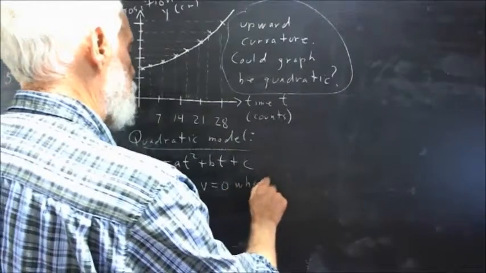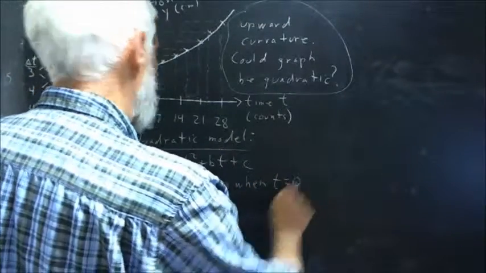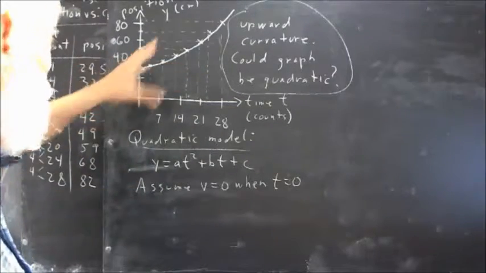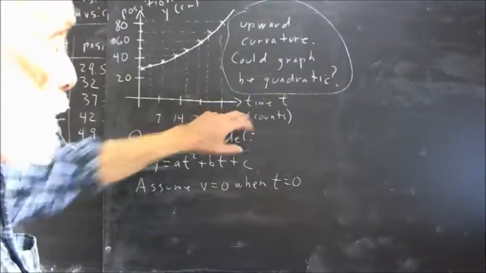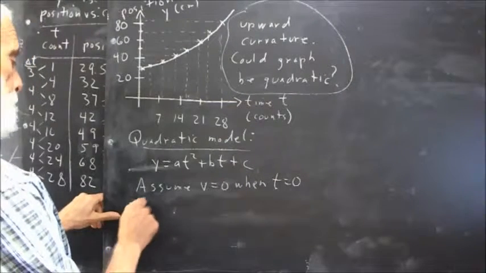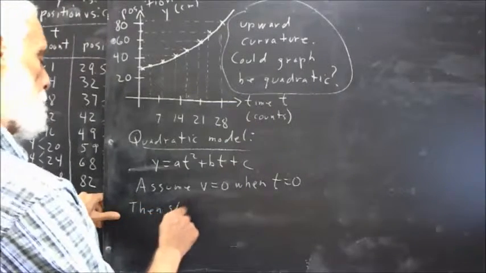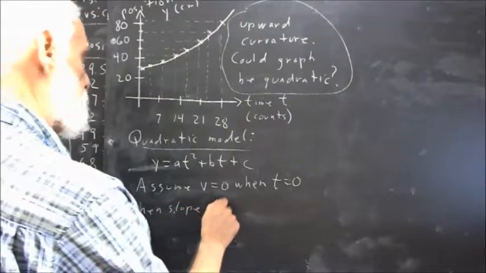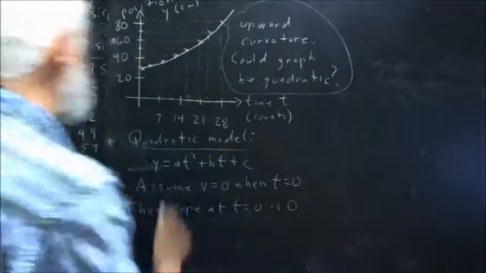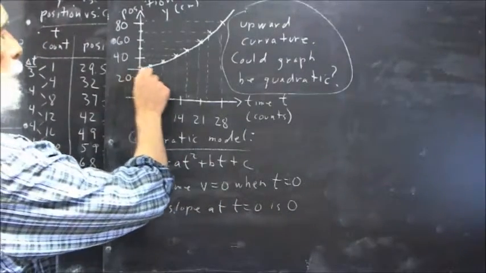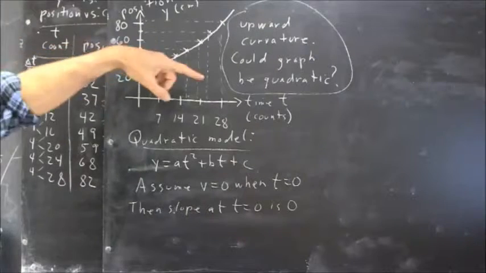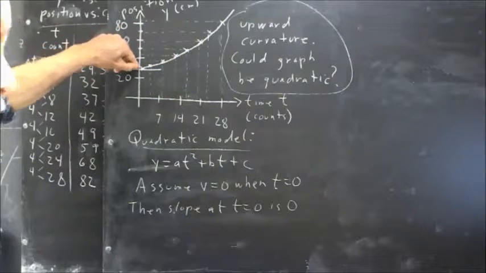So let's assume v equals 0 and t equals 0. Now v is just the slope of this graph because the rate of change of position with respect to clock time is the slope of the graph. So the slope at t equals 0 would be 0, meaning that if this is a quadratic function, this is your vertex.